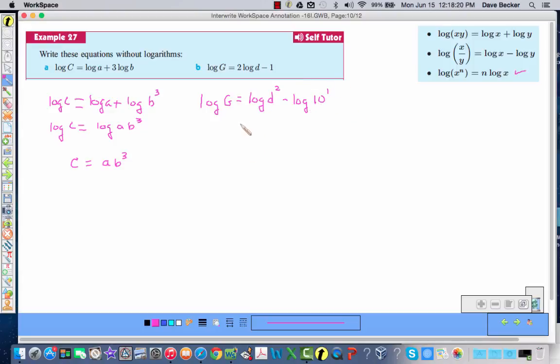So now I can say that log G, using my subtraction rule here, is equal to log of D squared over 10. Last time I checked, 10 to the first power is indeed 10. So therefore, G must be equal to D squared over 10. No questions asked. Okay, so onward we go.